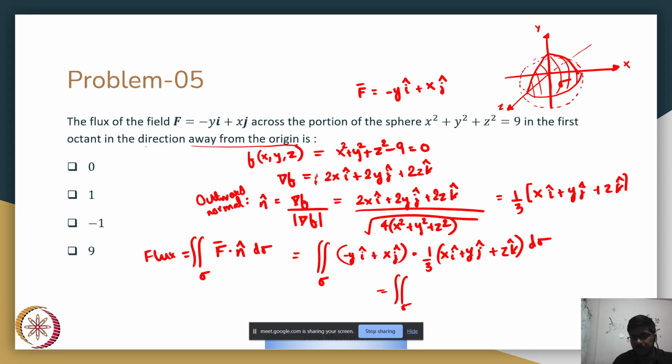So we can take the 1/3 out: minus yx plus xy, and no component of k hat in the first term, so 0. The terms cancel each other out, and therefore we end up with net outward flux being 0.